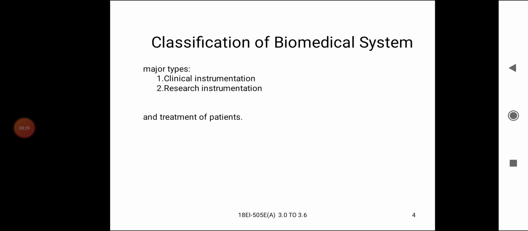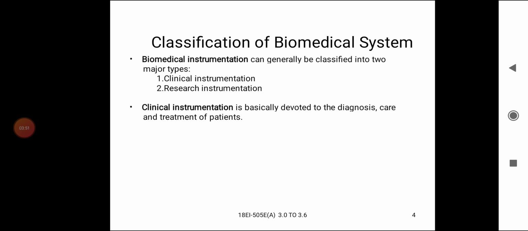Classification of biomedical systems. The major types are clinical instrumentation, research instrumentation, and treatment of patients. Clinical instrumentation is basically devoted to the diagnosis, care and treatment of patients.